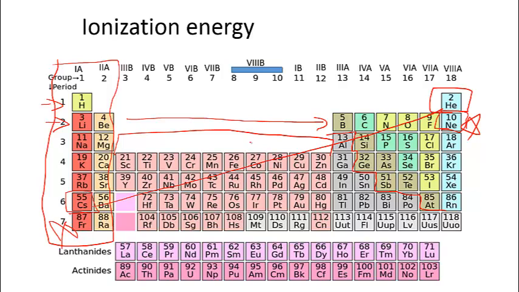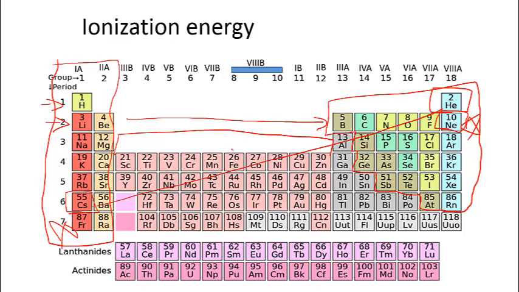They tend to have very low ionization energies. Metals tend to lose electrons easily, whereas the nonmetals on the right-hand side of the periodic table tend to have high ionization energies, meaning it's more difficult to remove an electron from a nonmetal than it is to remove an electron from a metal.